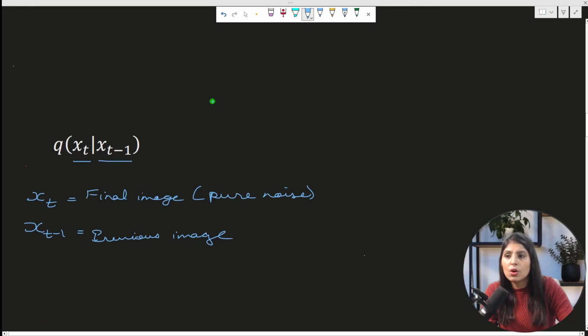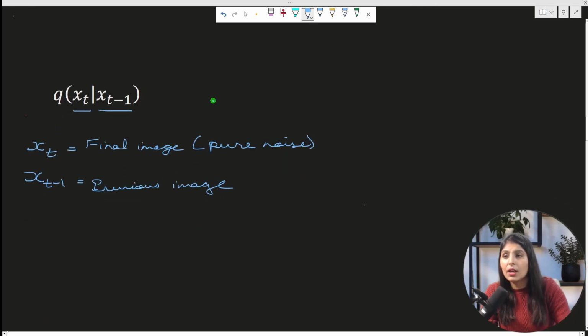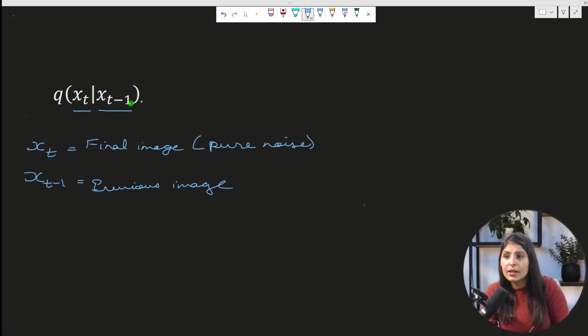So this is what we are going to understand now. This function will take xt minus 1 and give you xt. It means the forward diffusion function takes the image from the previous time step and gives you the image of the current time step.